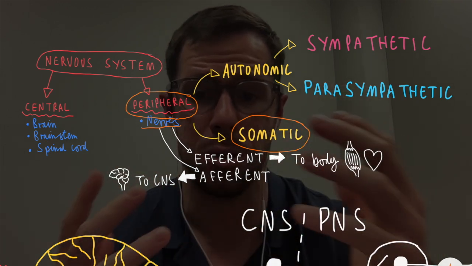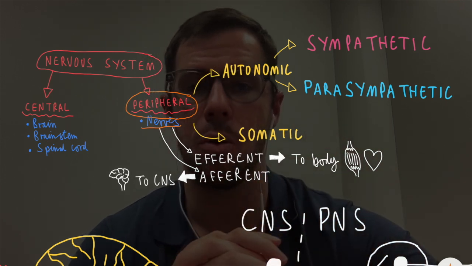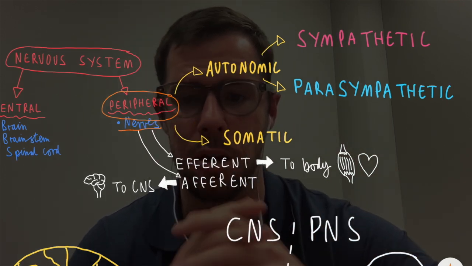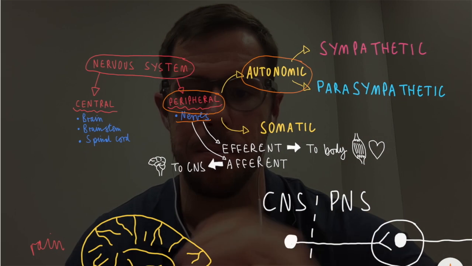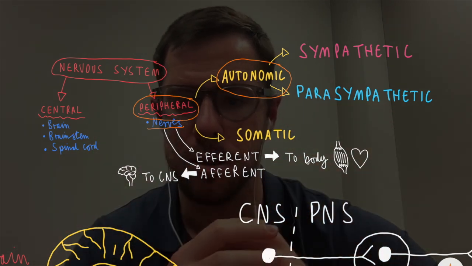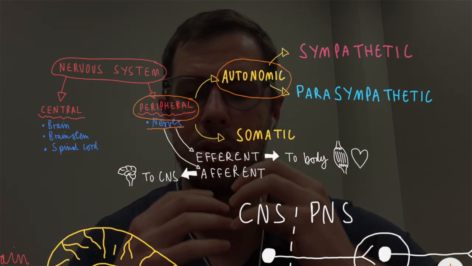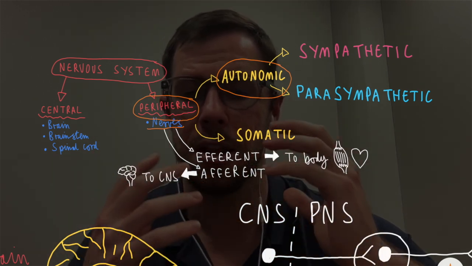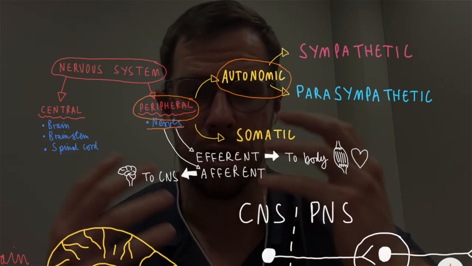involved in special senses. Another part of the peripheral nervous system is the autonomic nervous system, which we will talk about in this video today. The autonomic nervous system also has efferent neurons, but instead of innervating skeletal muscles, efferent neurons within the autonomic nervous system innervate the many internal organs that control several aspects of our physiology.